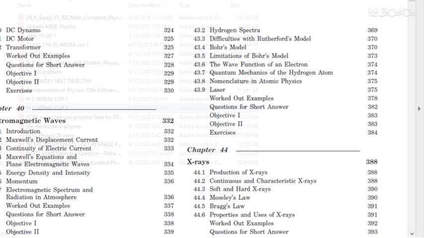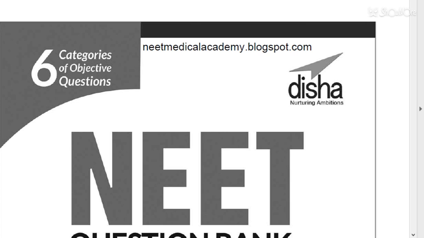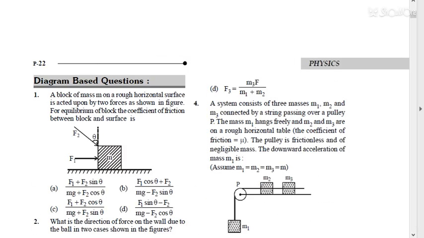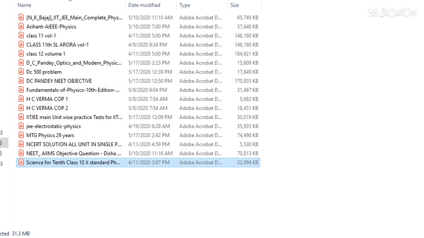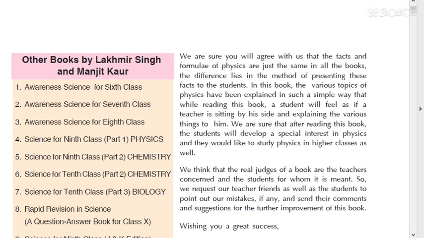This is also a competitive exam book. Then MTG Physics 29 years, that question we have seen from that PDF. Then NEET AIIMS Objective Physics, 760 pages. So students, this is all about today's lecture, and science for 10th class is also available with us. If you need any competitive exam book, you can drop a message to me.